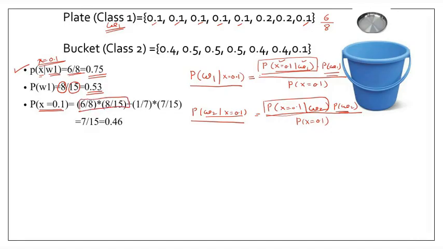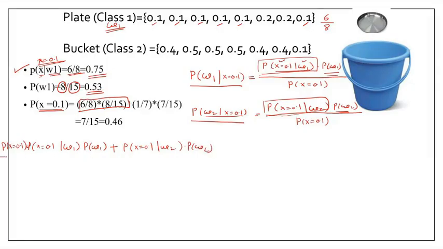How do I do it? Probability of x equal to 0.1 equals probability of x equal to 0.1 given omega 1 into probability of omega 1, plus probability of x equal to 0.1 given omega 2 into probability of omega 2.